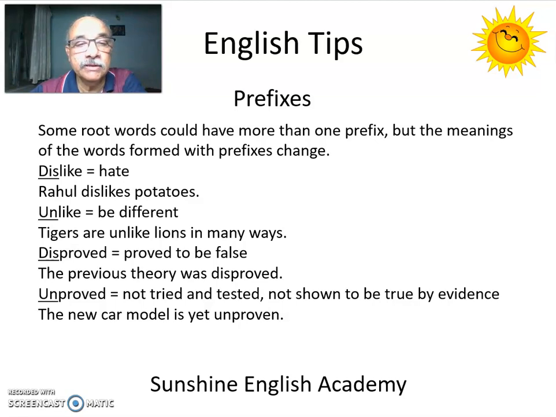For example, the new car model is yet unproven. So it means the new car model has not yet been tried and tested. It's not yet been proved, but it could be proved in future. So changing the prefix before the root word could change the meaning of the entire word.